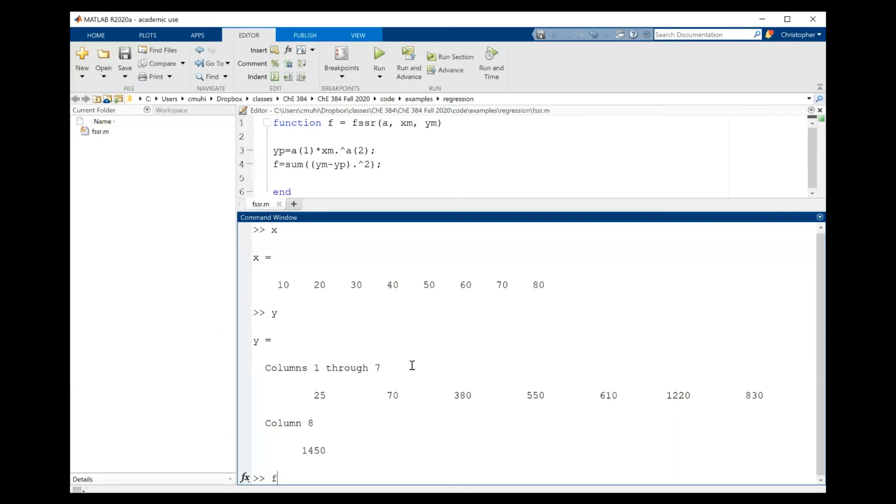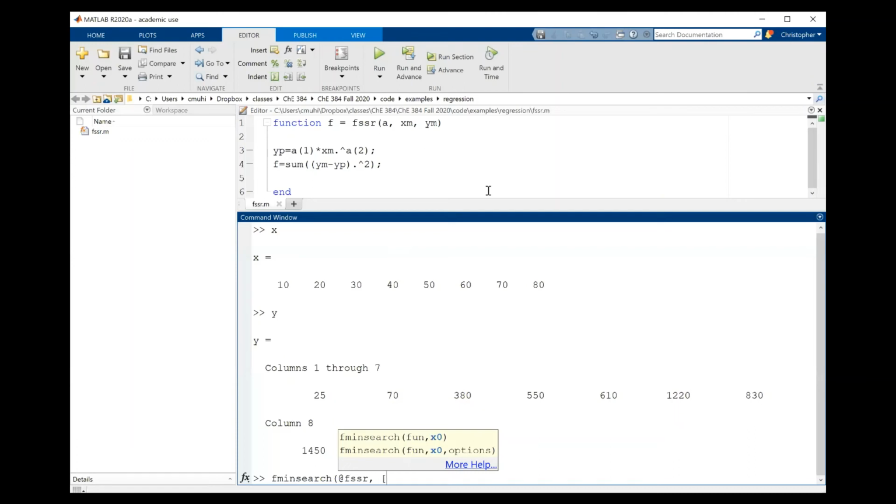So remember, fminsearch is telling MATLAB to minimize the value of a function. Now we need to tell MATLAB what function. So I use that @ symbol to tell MATLAB that what's coming after the @ is a function. We had called it FSSR up here, so we can put that in there.